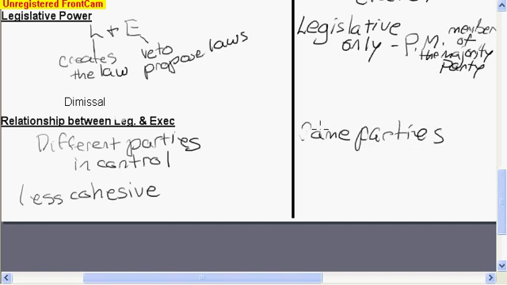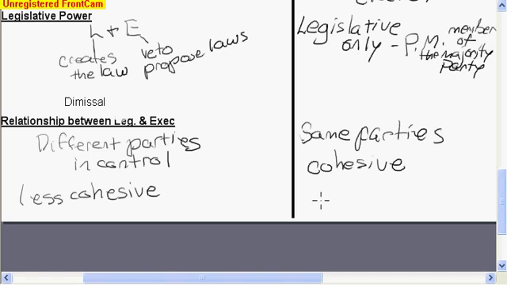And so what that does for this type of democracy is lends itself to cohesiveness. Rarely will you see the Prime Minister disagreeing with the majority party because he, in fact, is a leader and member of that party.